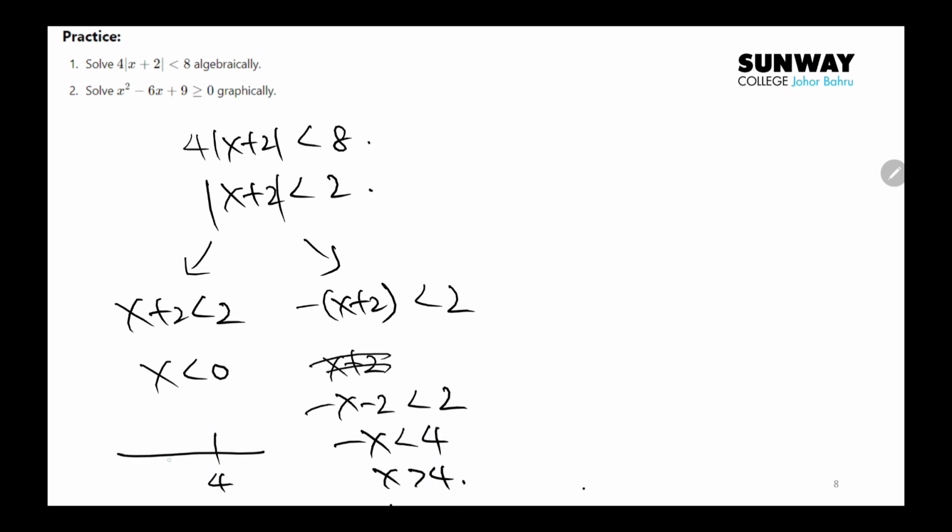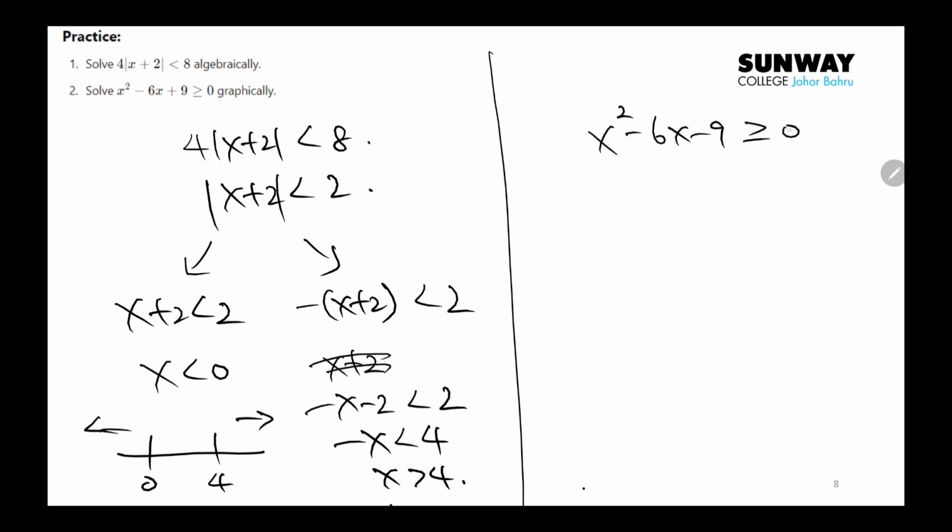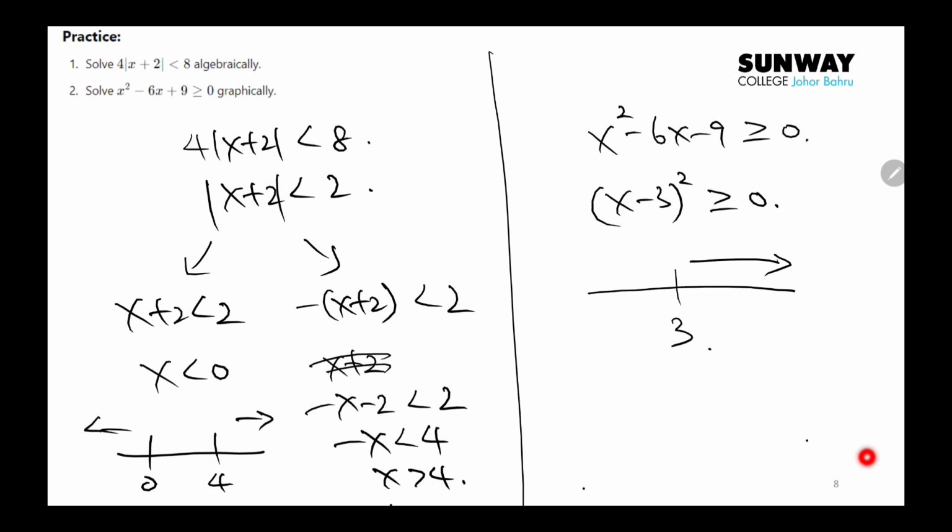So, bigger than 4, smaller than 0. In this case, because it only has one repeated value, we are going to talk about just for it to be bigger than that.